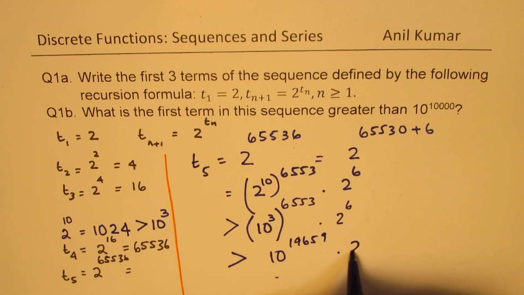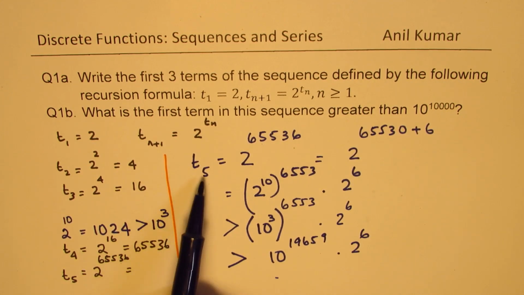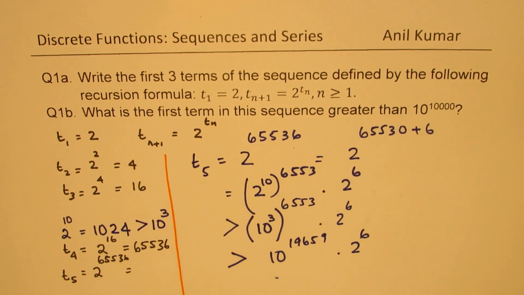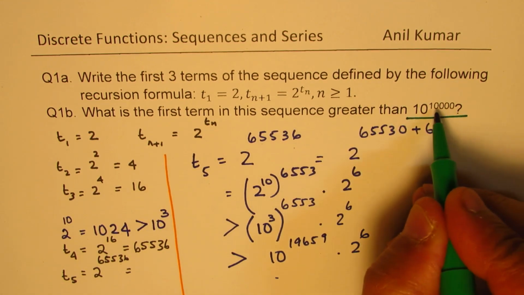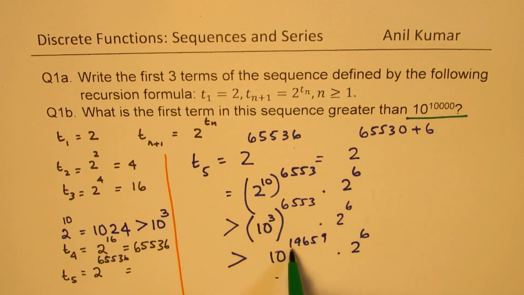So 19659 times 2 to the power of 6, times 64. That shows that the fifth term is definitely greater than 10 to the power of 10,000, right? This is almost 20,000, correct? So 10 to the power of 10,000 is far smaller.